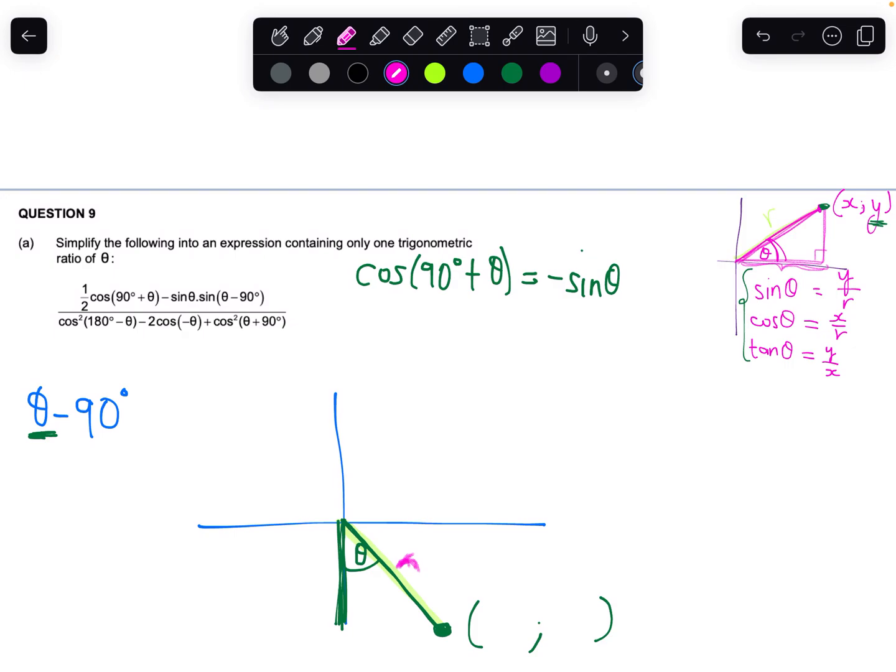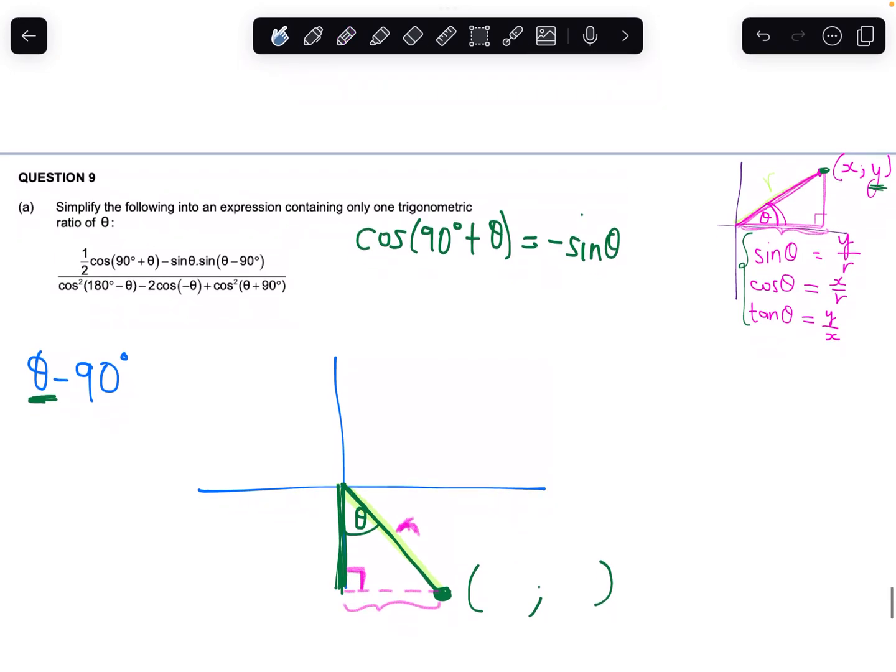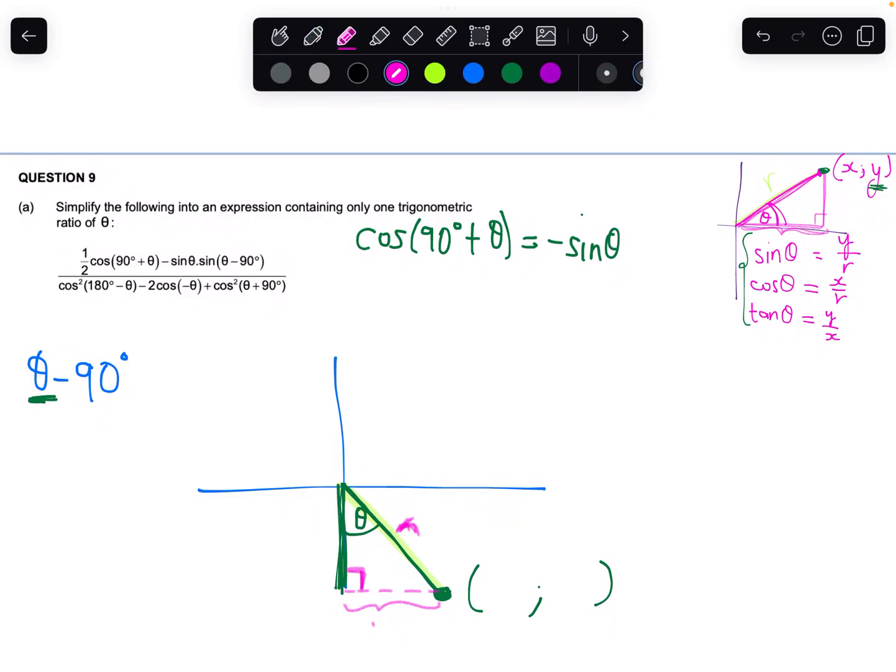And again, we're going to complete our triangle, right? So you look at this triangle as your reference, okay? Opposite to the theta is y units, yes? So this over here is going to be y units, okay?